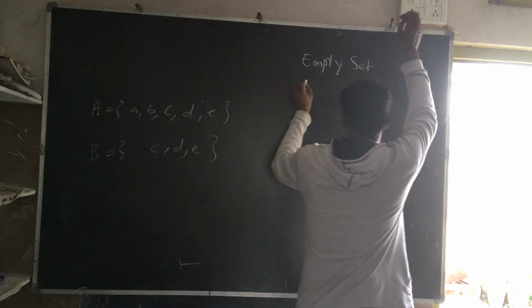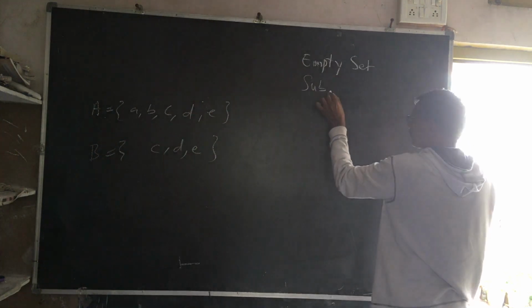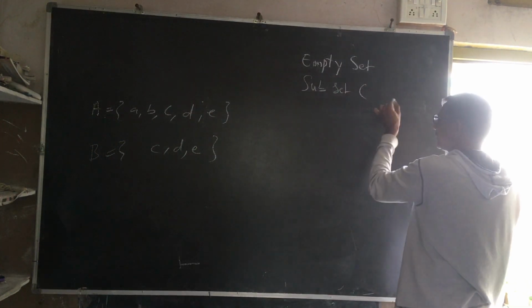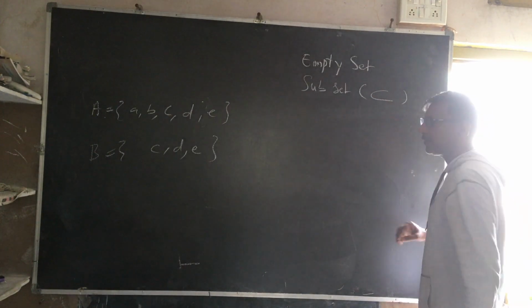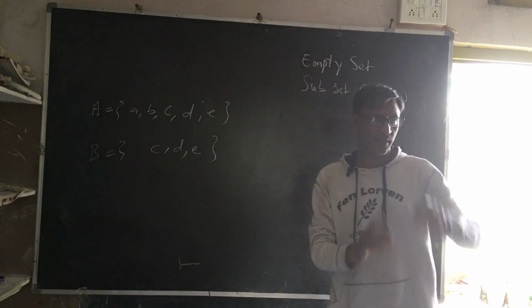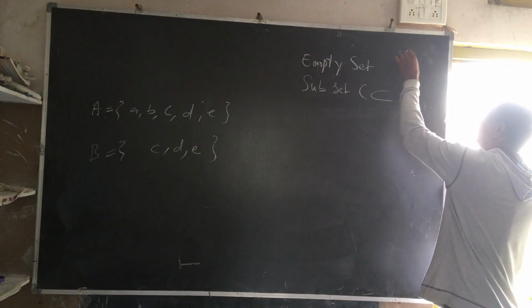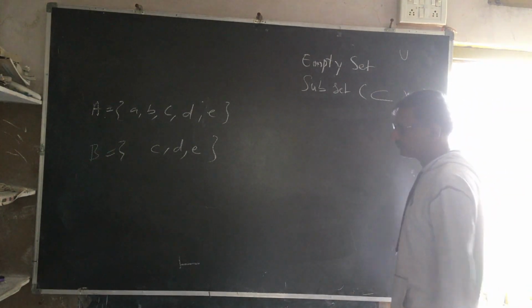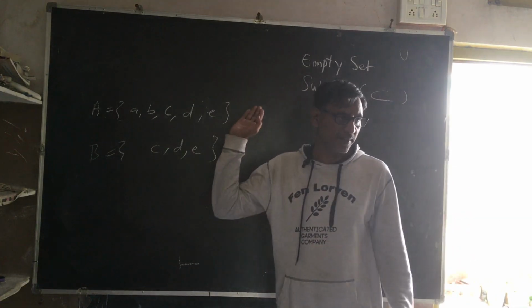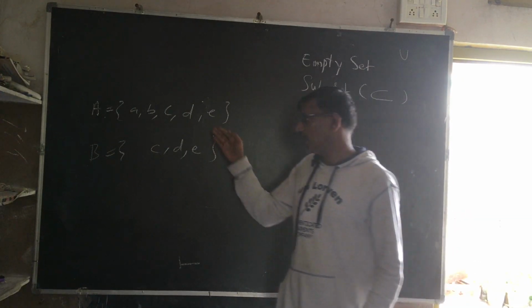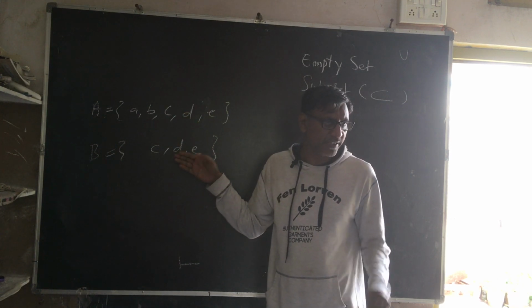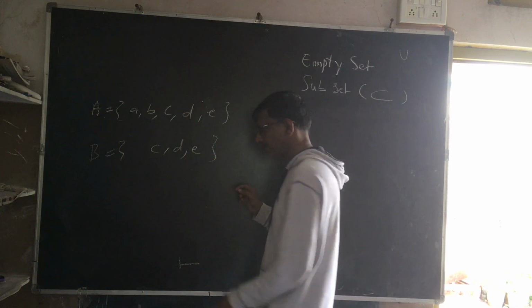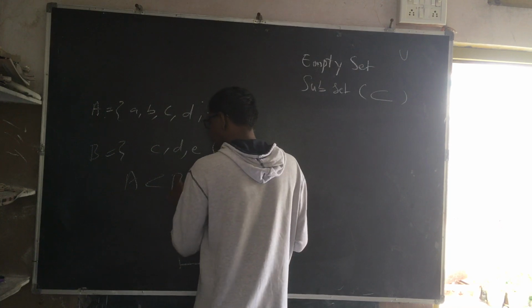Subset, I will write it down here. Subset is denoted with a sleeping U. Like you write it like this, right? Sleeping U. This is the symbol for subset. Suppose I want to show these two sets symbolically like this.